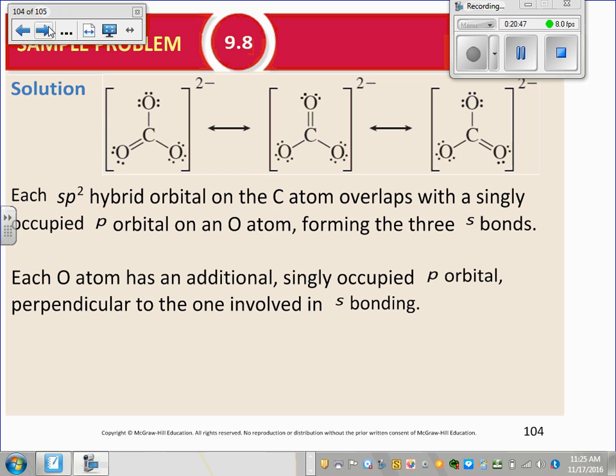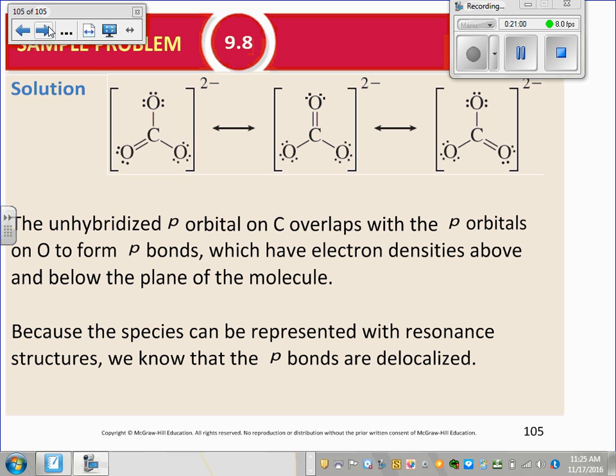Each oxygen atom has an additional singly occupied p orbital perpendicular to the one from the sigma bond. And we have a leftover p electron for the carbon, right?